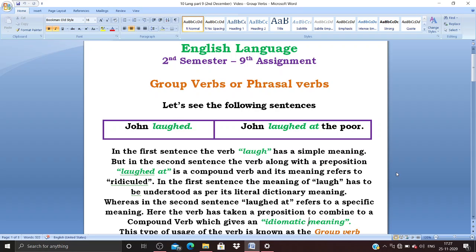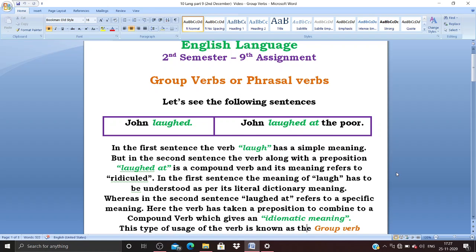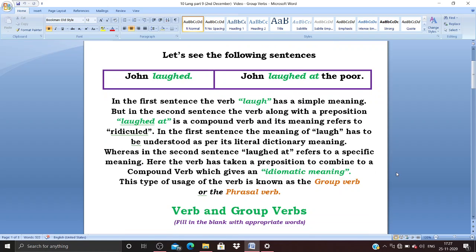In the first sentence, the meaning of laugh has to be understood as per its literal dictionary meaning, whereas in the second sentence, laughed at refers to a specific meaning. Here the verb has taken a preposition to combine into a compound verb which gives an idiomatic meaning. That is the point to be noted.